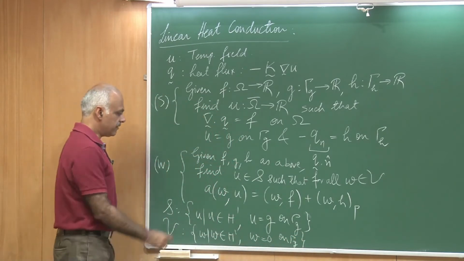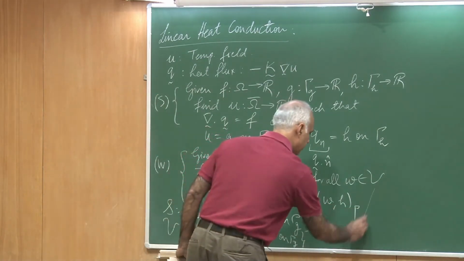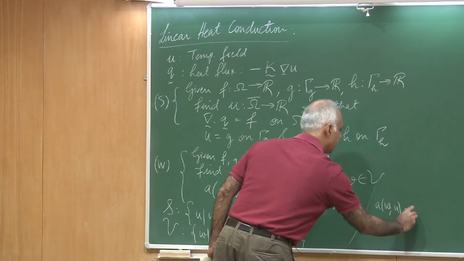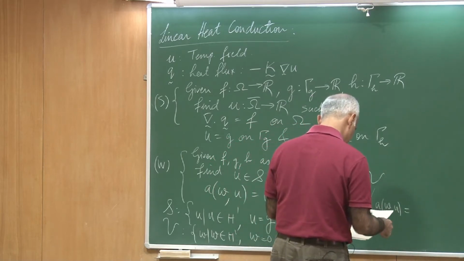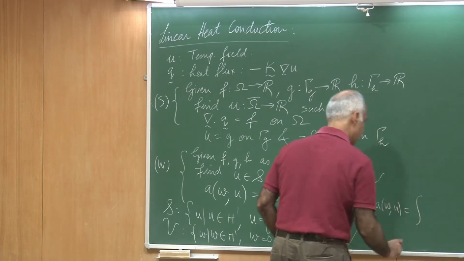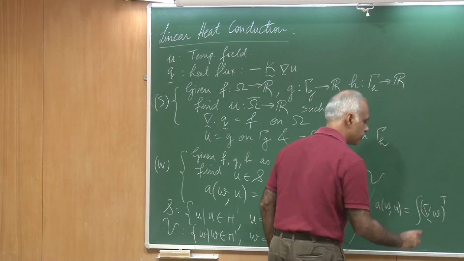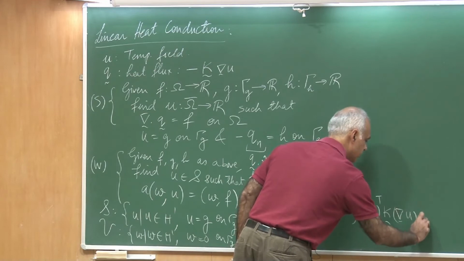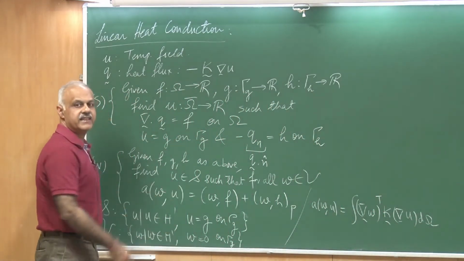And then we had defined these operators. So, just for the sake of completeness, let me define for you what is A of W, U. This was actually a very simple operator which simply said this is the integral of gradient W transpose times k times gradient of u d omega. And then we can define the other inner products also.